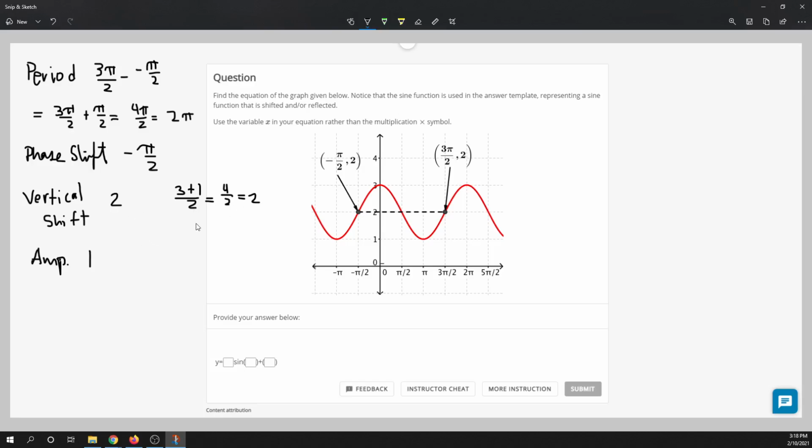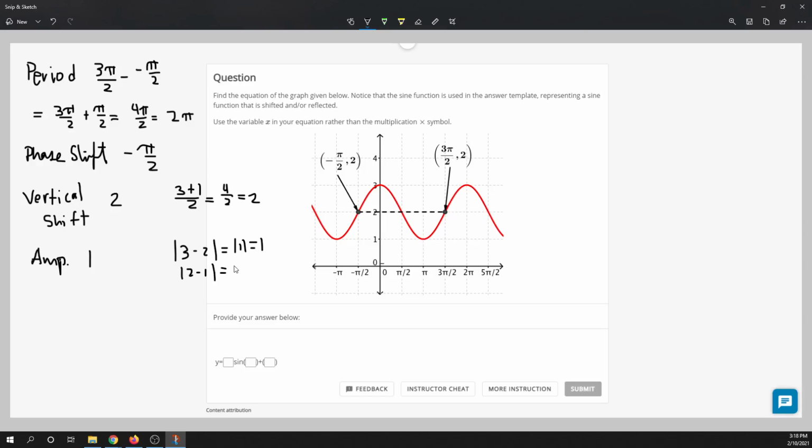Another way you can calculate the amplitude is to take the high point, subtract off the midline, and take the absolute value of that. So that would be the absolute value of 1, which equals 1. You can also do that with the midline minus the minimum value, which is 1.